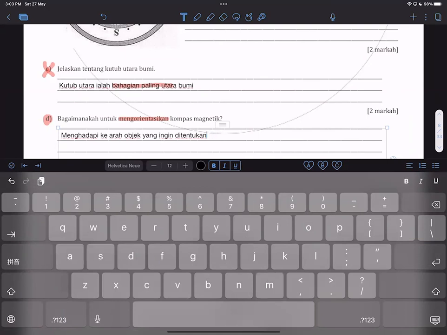Yeah, so this is the first keyword, facing to the object, to the direction of the object.